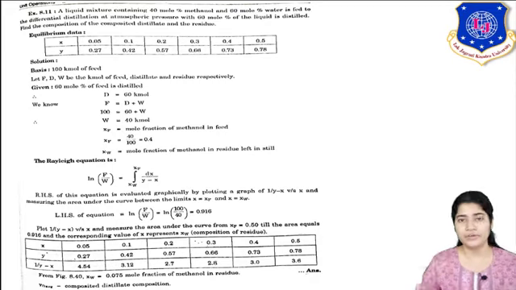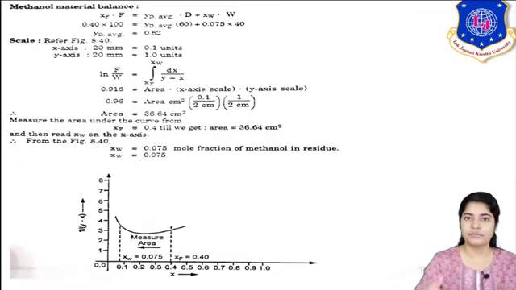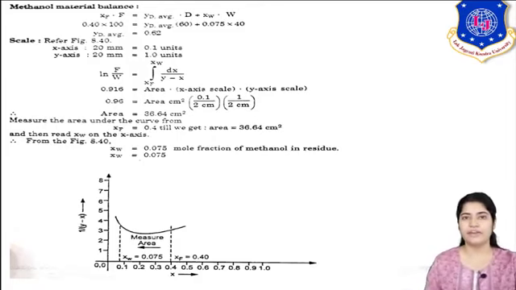For residue you found it from the graph. For distillate I am using the component balance. From that I got my YD average as 0.62.